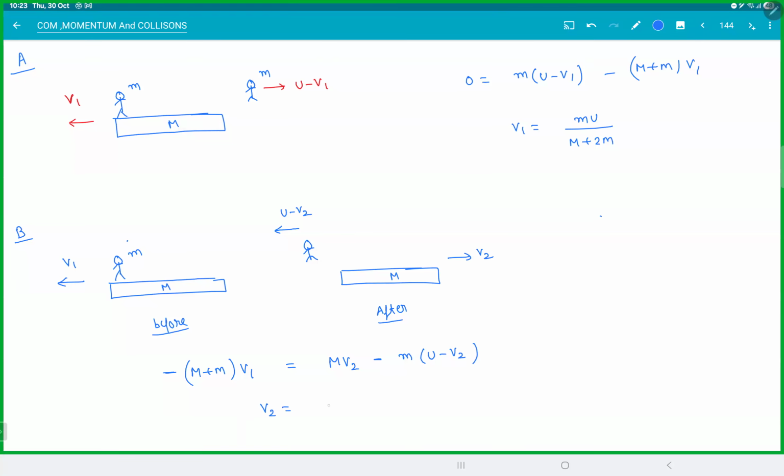So v2 will be mu minus (M plus m) v1 by M plus m. So this will be mu by M plus m minus v1, which is mu by M plus 2m. Check. That will be your answer.